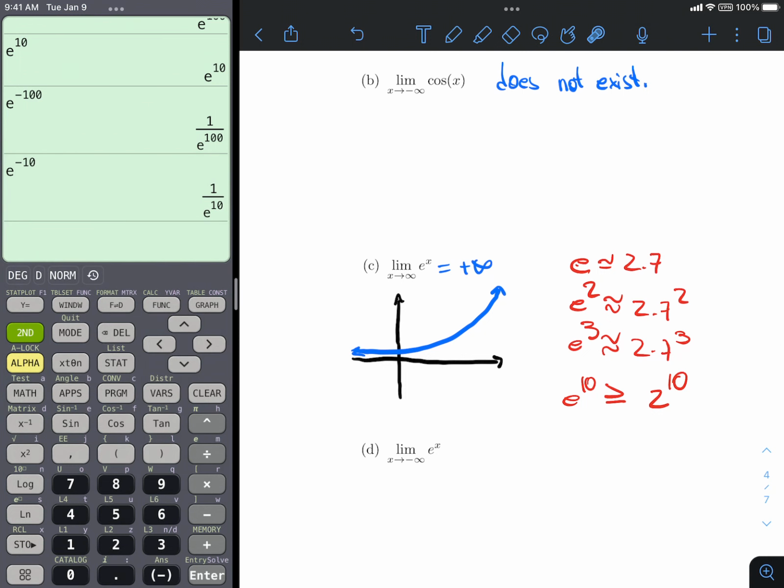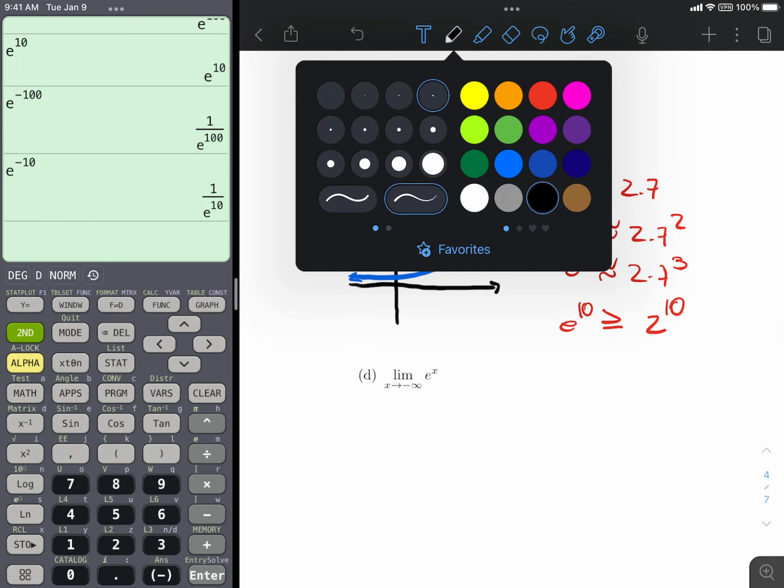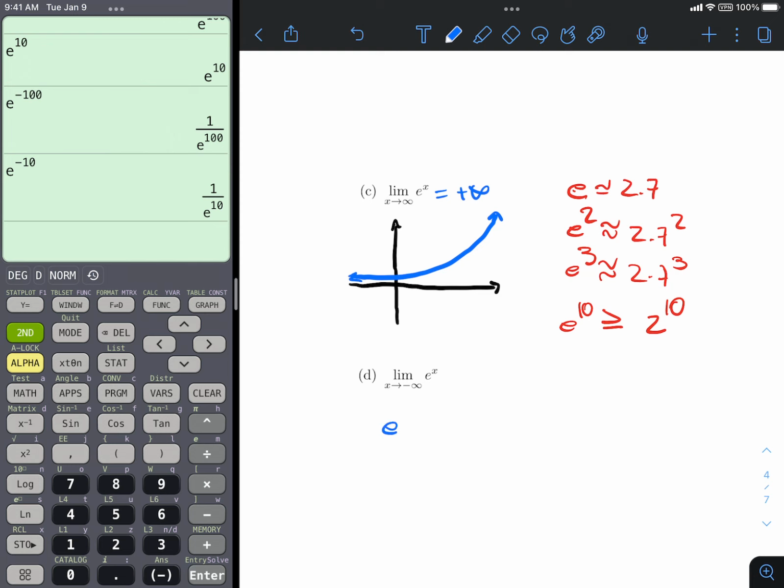But this idea helps though: e to the minus, let's say, 1,000 equals 1 over e to the 1,000. It helps us, because the more negative this becomes, the bigger the denominator becomes, and then you have 1 divided by something very big, so the answer is going to be a very small number.